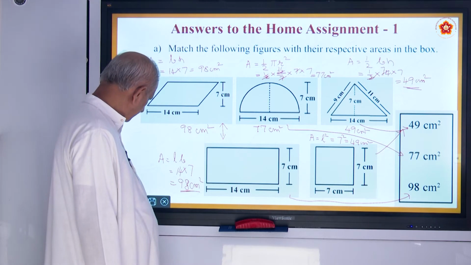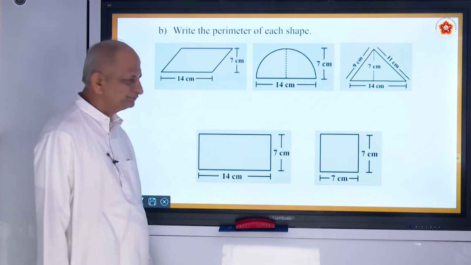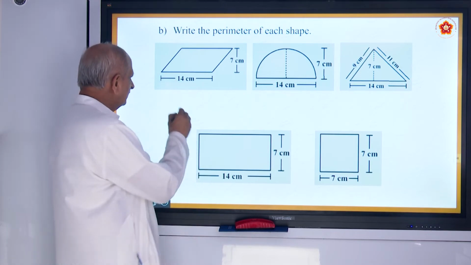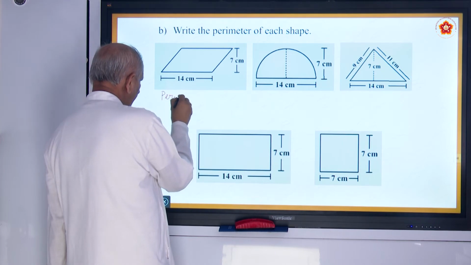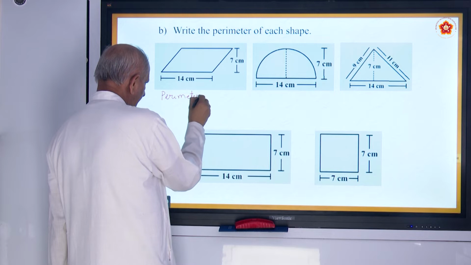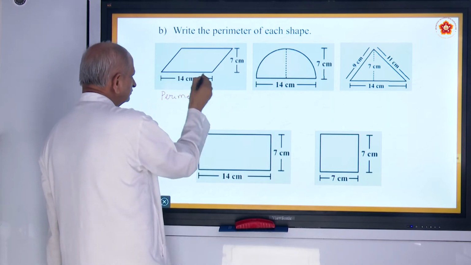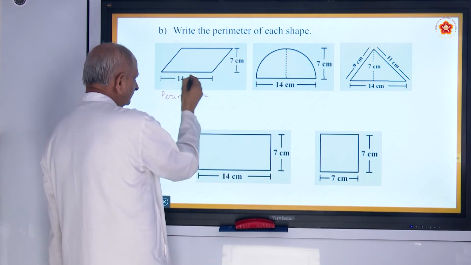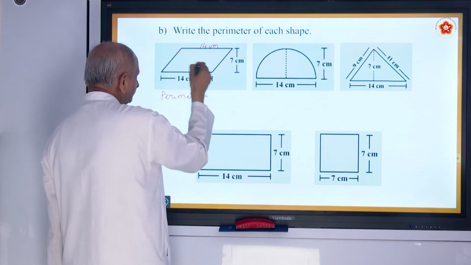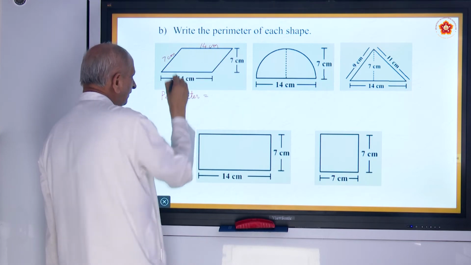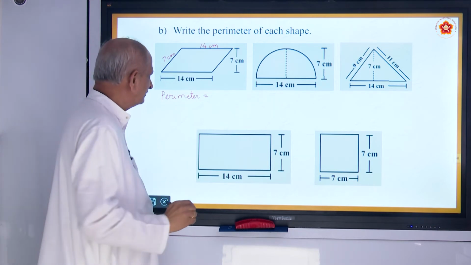Now we will see the perimeter. Next question is about perimeter. How to find a perimeter? So you can write perimeter, you can write it as C. How many lengths here? Or you can also call it as base. This is 14 and this also is 14, correct? If this is 7, this also is 7, because in a parallelogram, opposite sides are equal and parallel.